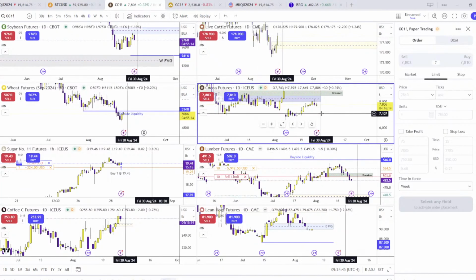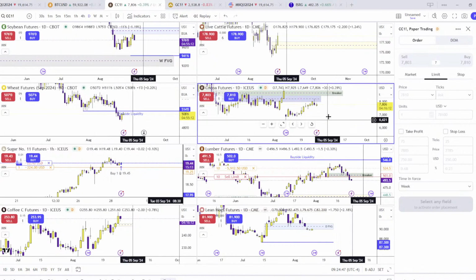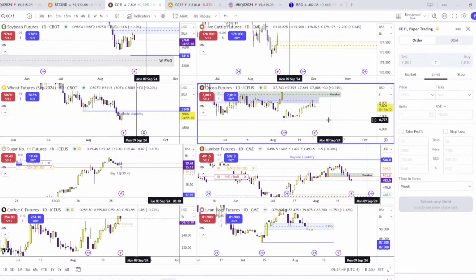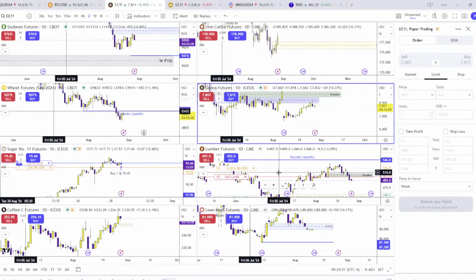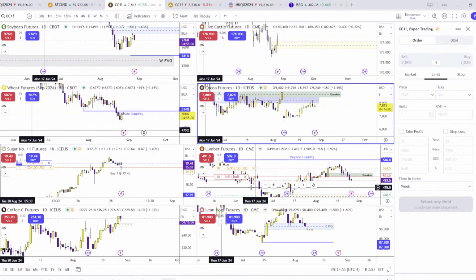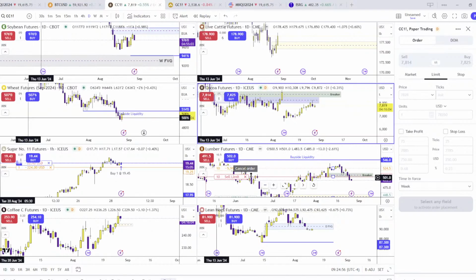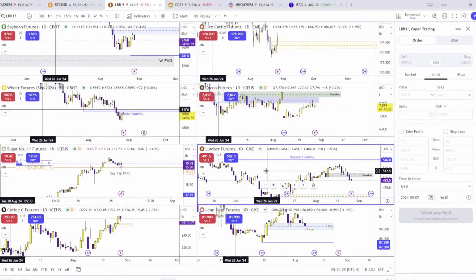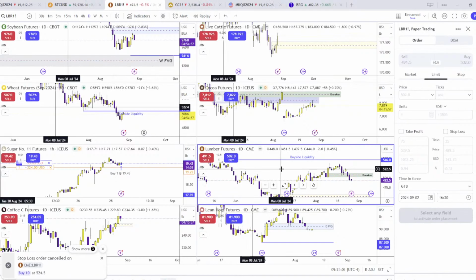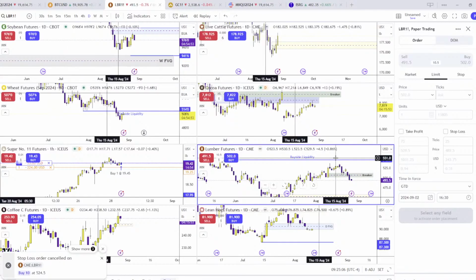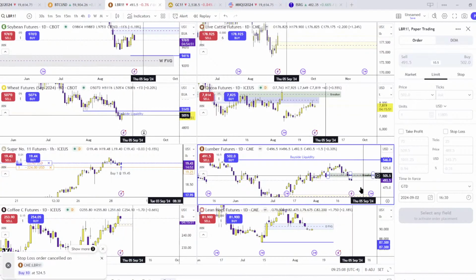We're going to come back down to the bottom, find support off of it, keep going lower. Oh, we got nothing out of lumber, so I'm going to see lumber come back and get me in here so we can go lower.